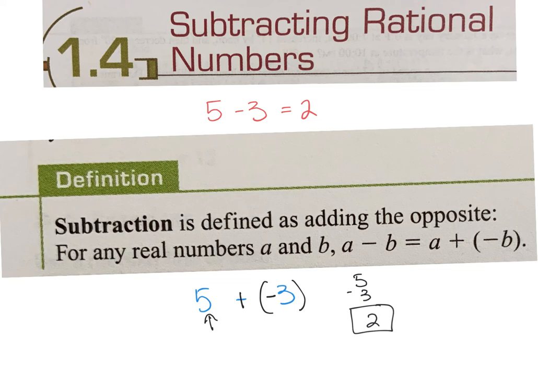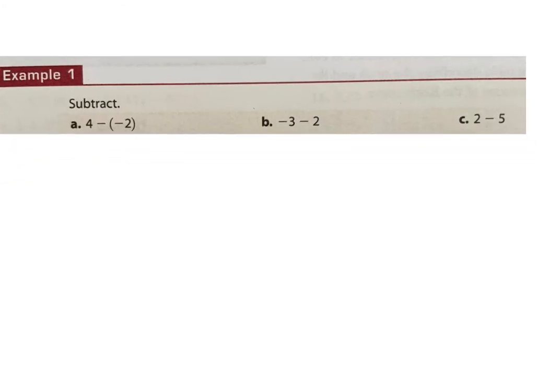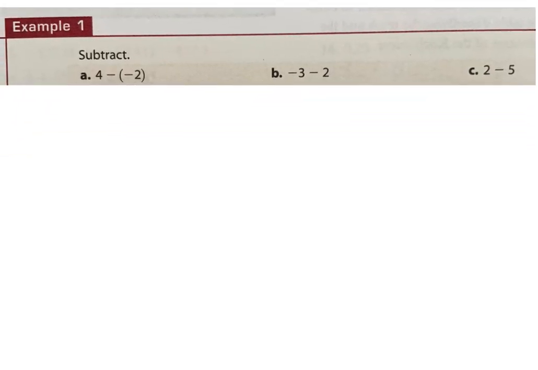So let's look at the first example here. Look at the example right below. They've given us 3 numbers here that they want us to subtract. All right? So the first one is 4 minus a negative 2. All right? So we are going to apply the rule of adding the opposite. It is subtraction. The definition of subtraction is adding the opposite.